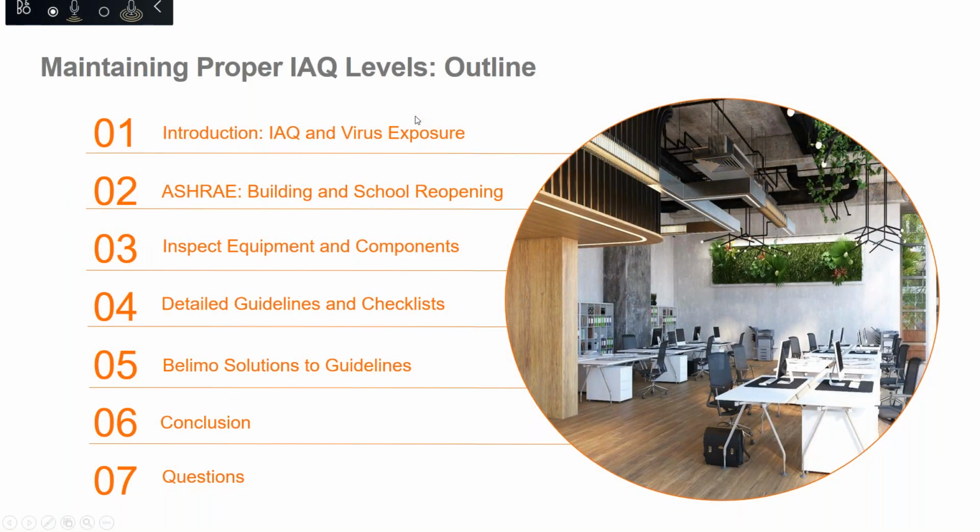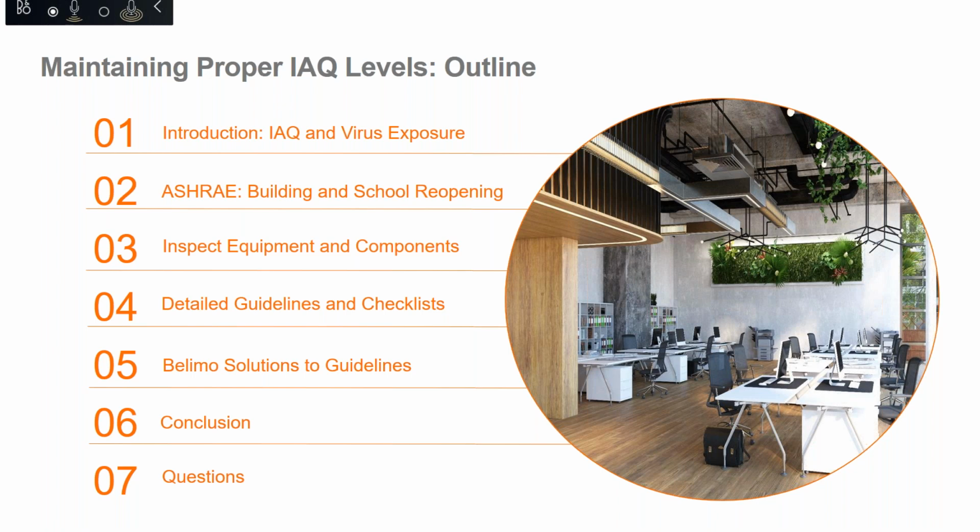All right, so firstly, we have an outline here to give you an idea of what we're going to be speaking about today as this webinar progresses. We're going to be starting off with an introduction on indoor air quality and virus exposure, and then jump into some of the specifics behind what exactly ASHRAE is releasing in terms of buildings and schools being reopened during this current pandemic.